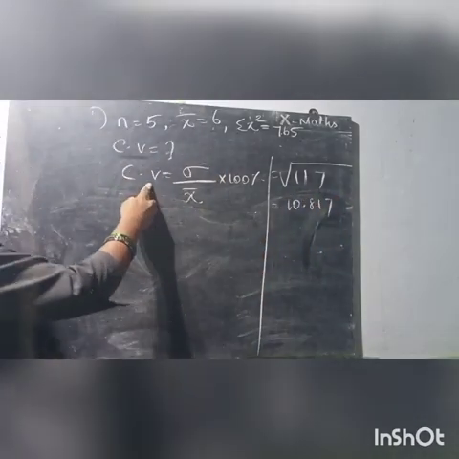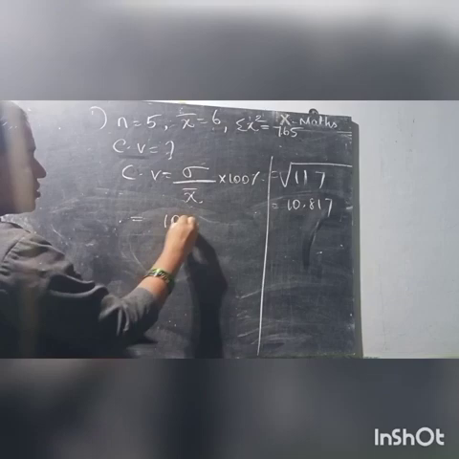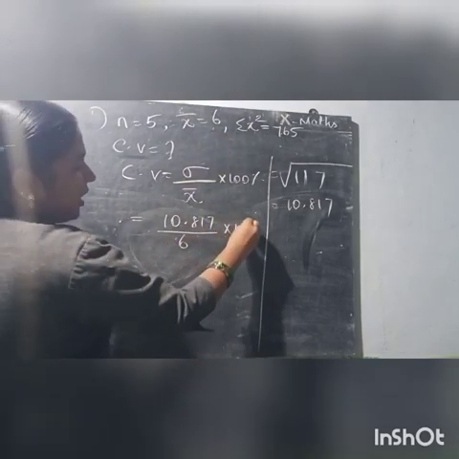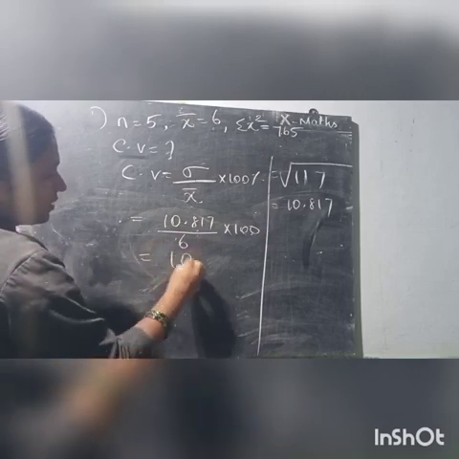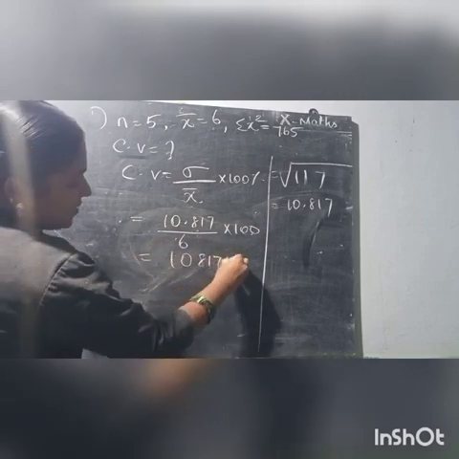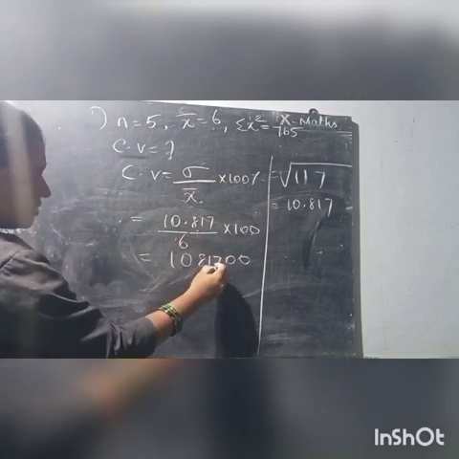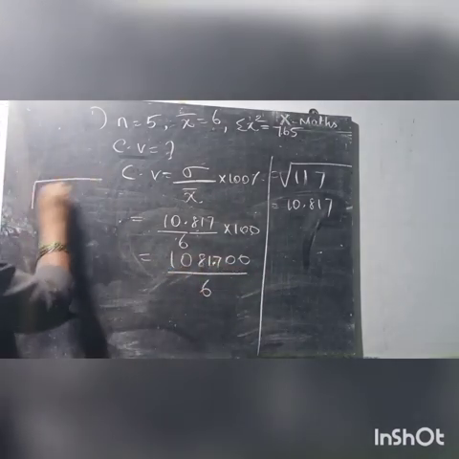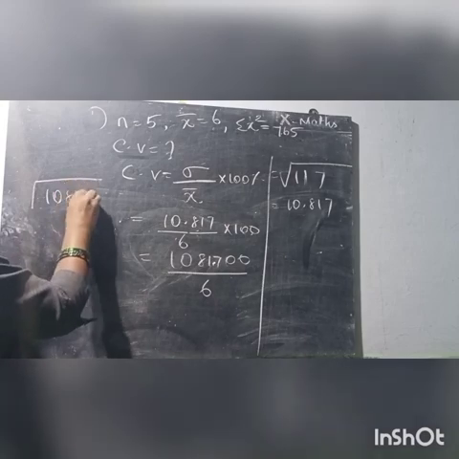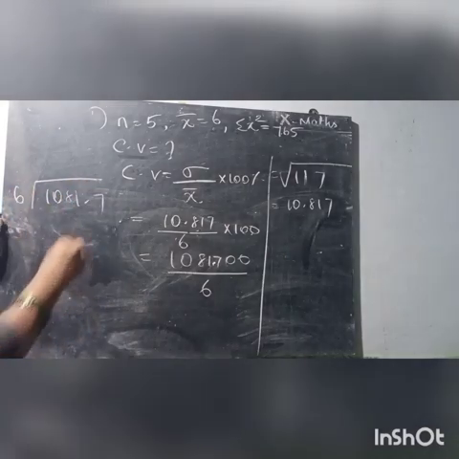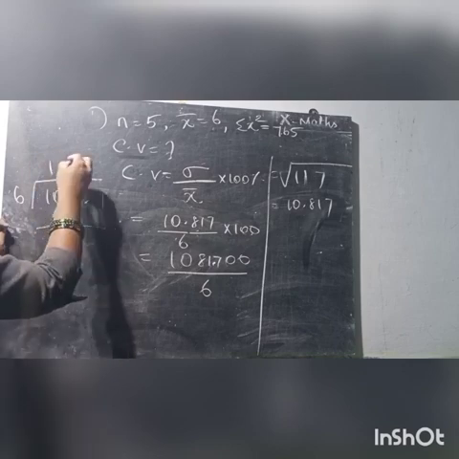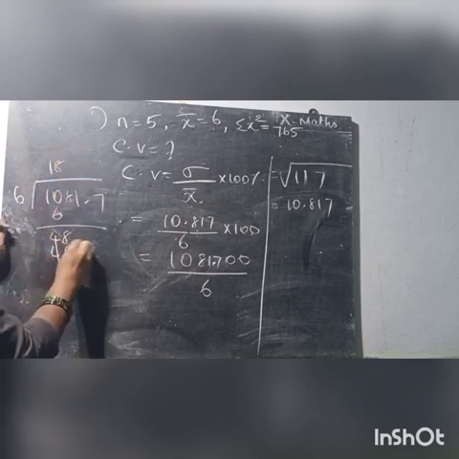So now we can calculate the coefficient of variation. So 10.817 by x bar value 6 into 100. So multiplied by 100 you will get 1081.700. So we have to keep 3 decimal places. So here divided by 6. Now we can cancel by the 6 table. 10 by 6, 1 times 6, balance 4. So in 48, 8 times 48.